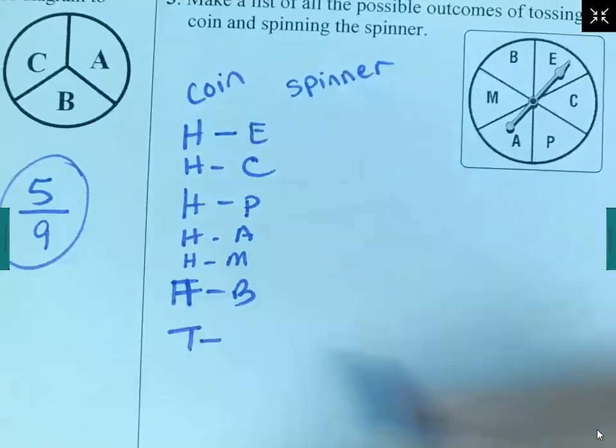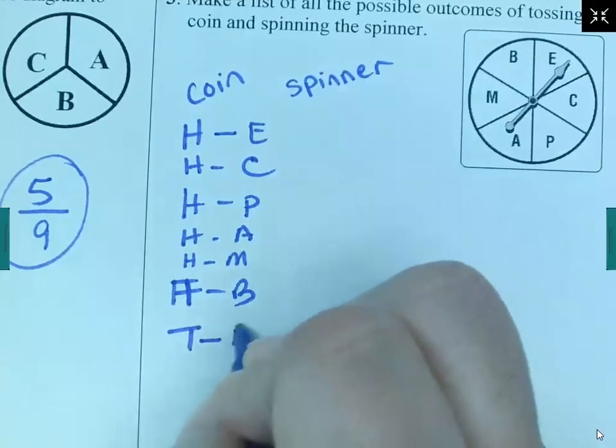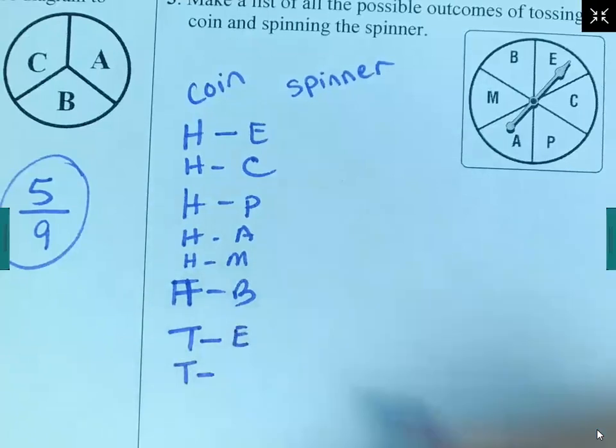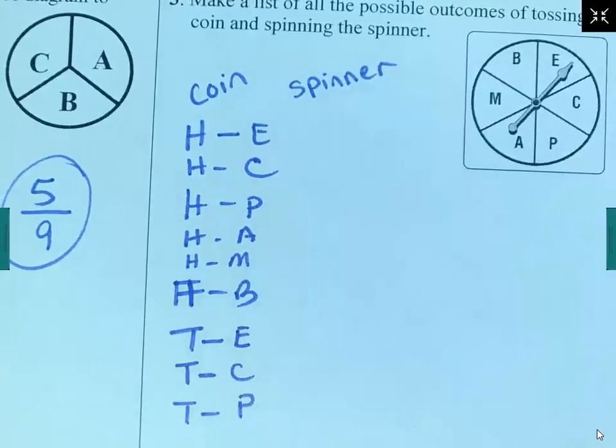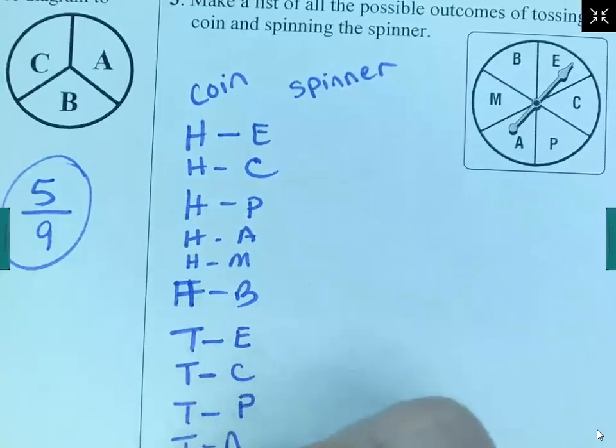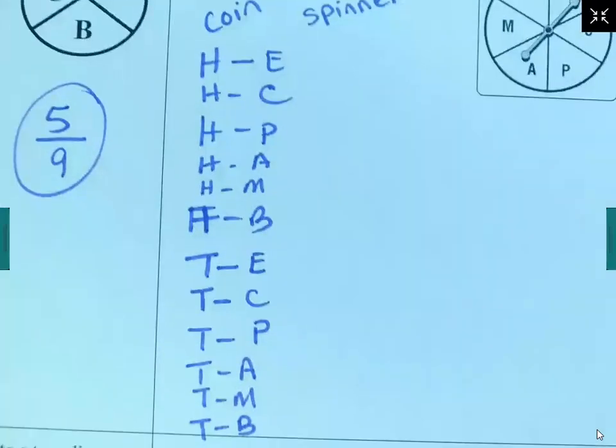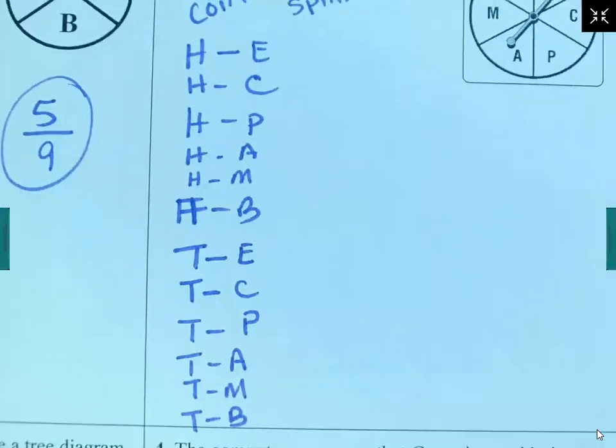So if I got tails, then what can I get on the spinner? Tails and then E, tails and then C, tails and then B.